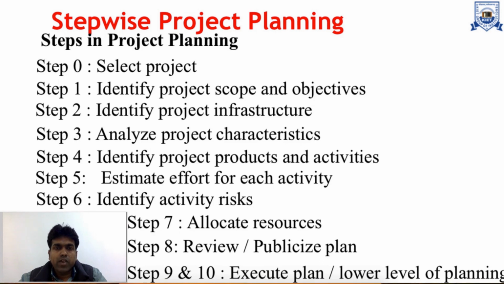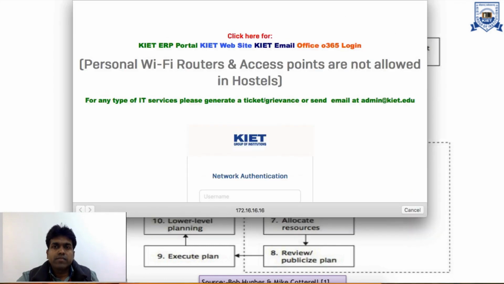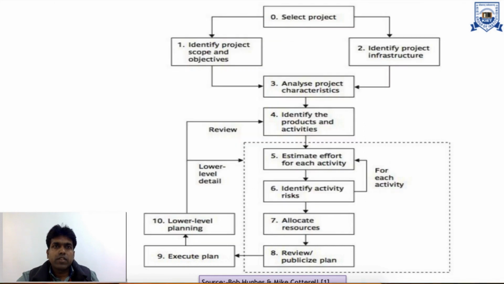Now I am going to discuss all the steps in detail. First of all, just look at this diagram. It is showing the stepwise project planning. As I told you, after selecting the project, the step is to identify the various scopes and objectives of the project, and after identifying them, the next one is identify project infrastructure.